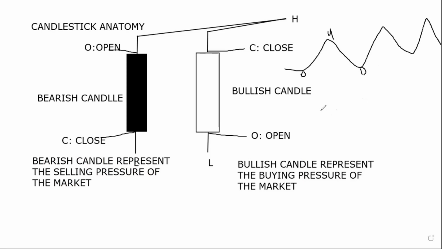For the bearish candle, when we have a bearish movement towards the downside, the low is usually at the top. Am I right? No. Low is low, high is high.